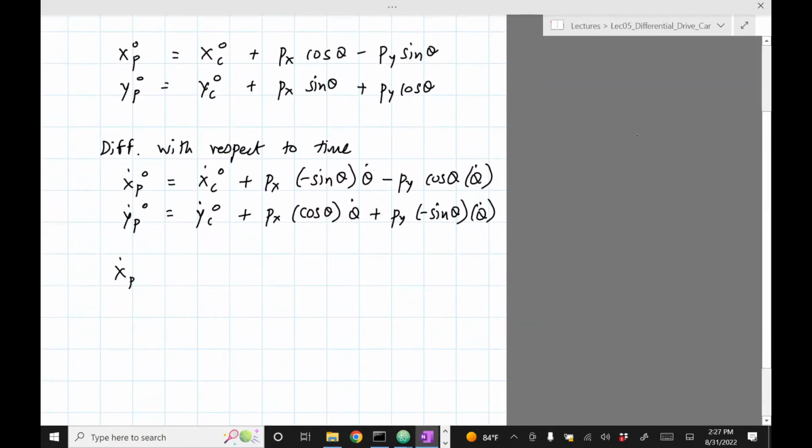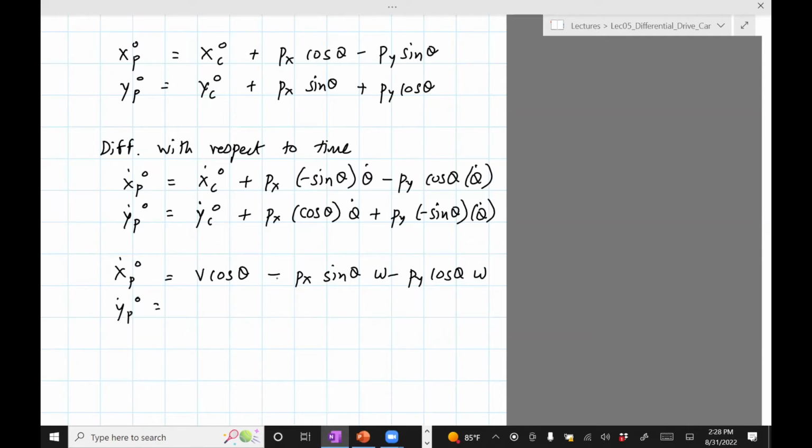So x dot P0 equals v cosine theta, minus Px sine theta omega, minus Py cosine theta omega, because theta dot is omega. And then y dot P0 equals v sine theta plus Px cosine theta omega minus Py sine theta omega.